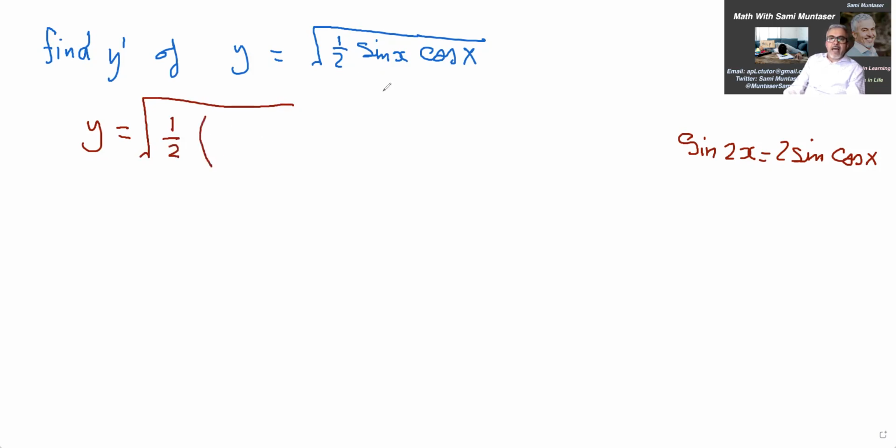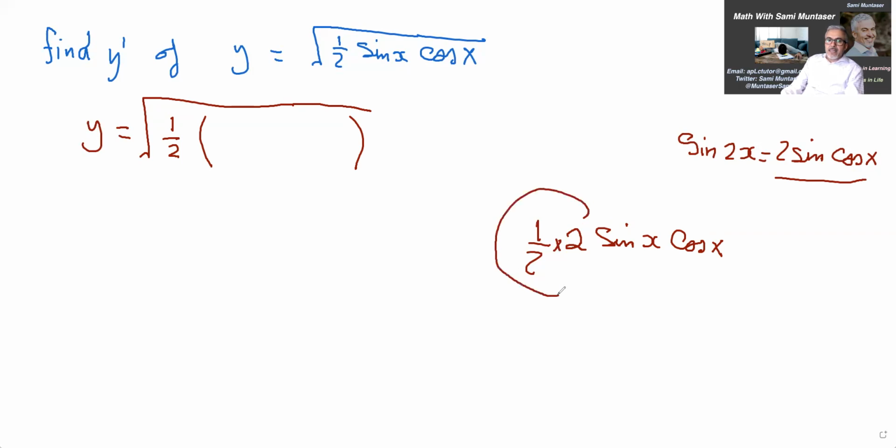And then the sine x cos x, since I have sine x cos x by itself right there, I want to put in a 2 right there to make it match this right here. But I cannot just throw a 2 in front of the sine x. The only way I could is if I multiply that 2 by a half, because half times 2 is 1.